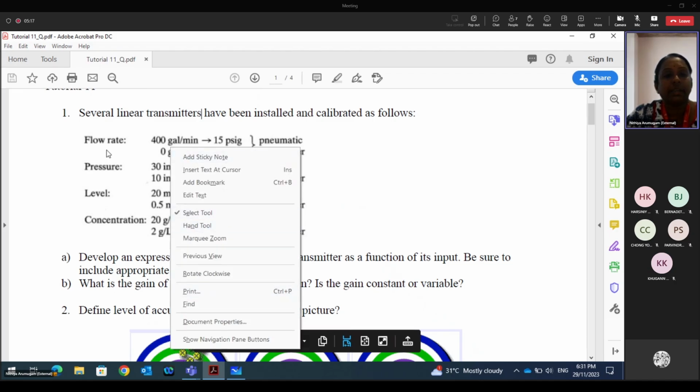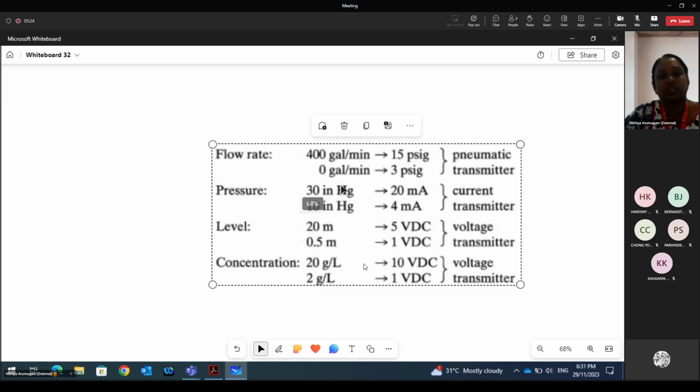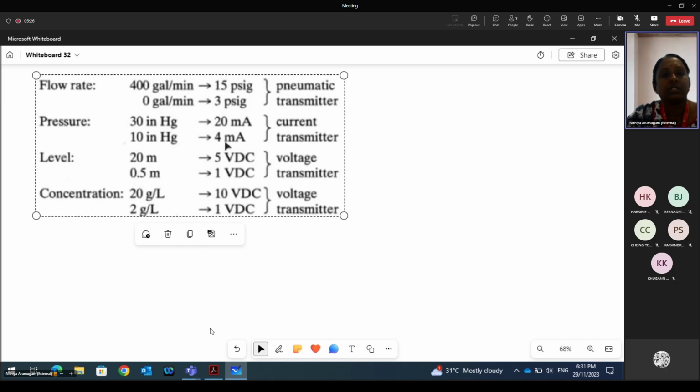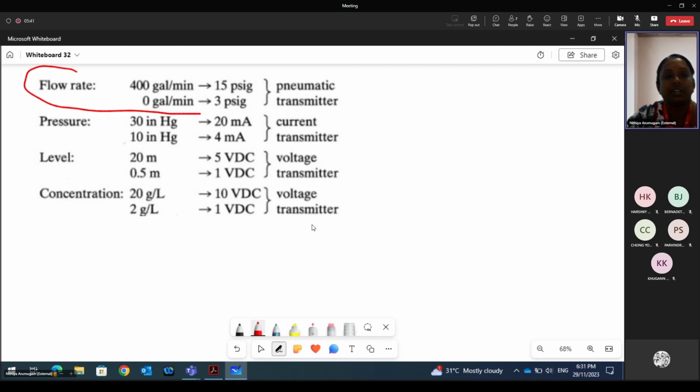So let's say, okay, so we have this. Let's look into the first flow rate one. From here, we know the input is the gallon per minute for the first. We're talking about just the first one.